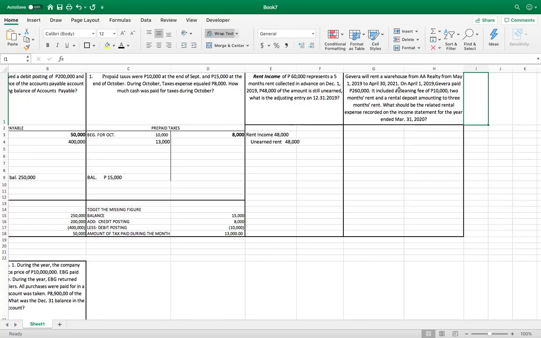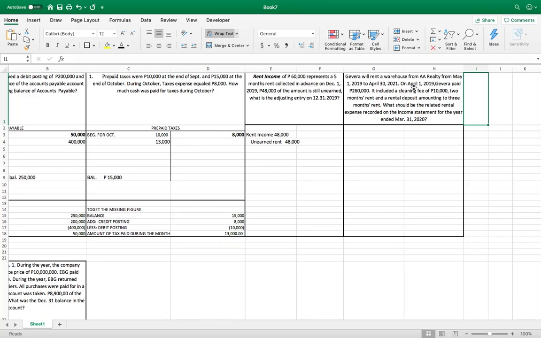That is basically 2 years. On April 1, 2019, Hevera paid 260. Why April 1? Because that is the start of its accounting period. Take note that the accounting period starts on April 1 and ends on March 31. So this is a fiscal year.